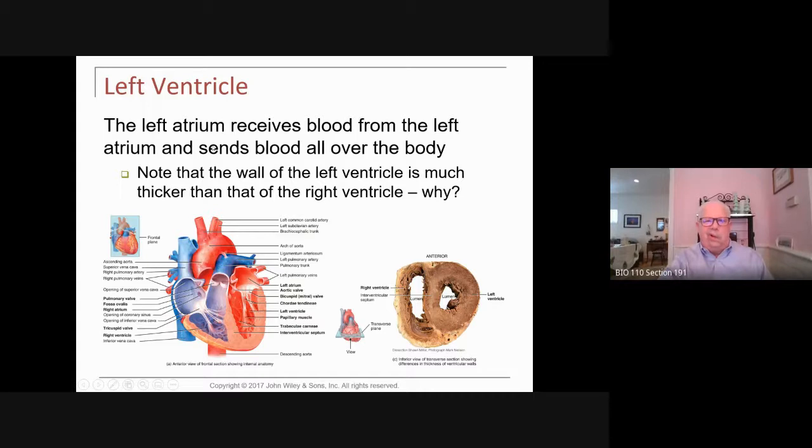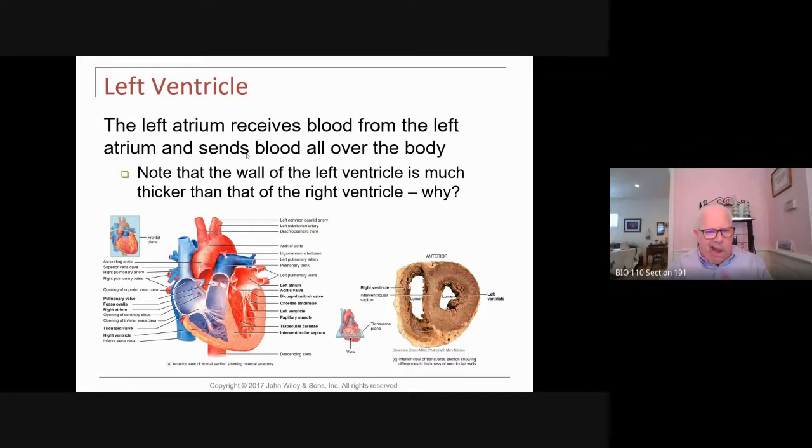Oh no, this is wrong. This should be left ventricle. The left ventricle receives blood from the left atrium. Now you have oxygenated blood. And the left ventricle pumps the blood out of the heart into the entire body so that all the tissues can now have oxygen. Okay?